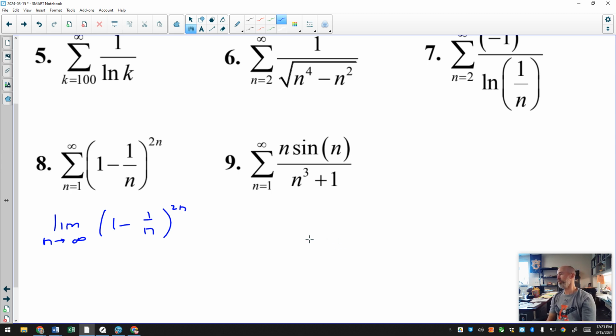And there is a very common limit, and we talked about it yesterday. The limit of (1 plus 1 over n) to the n power is going to equal e. The limit they gave us is very similar to that. This is some version of e with a slight alteration.